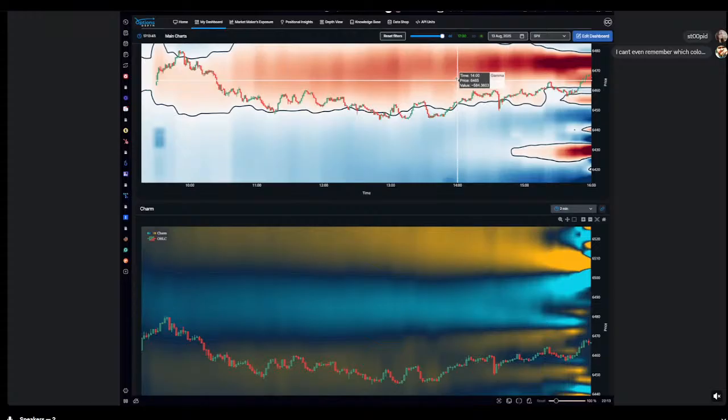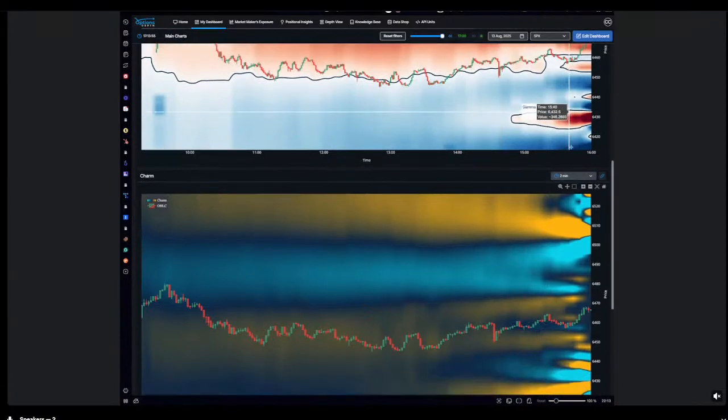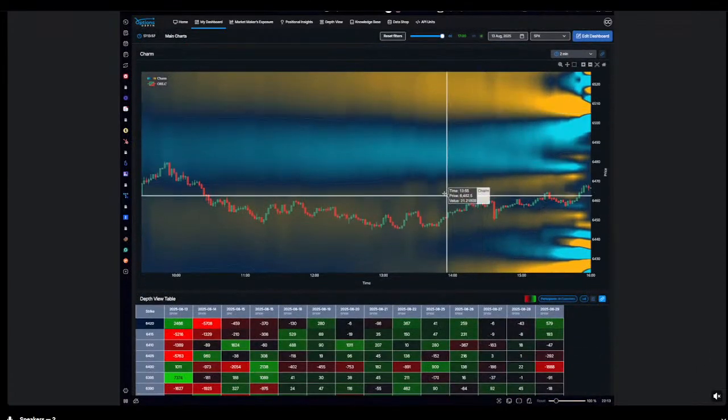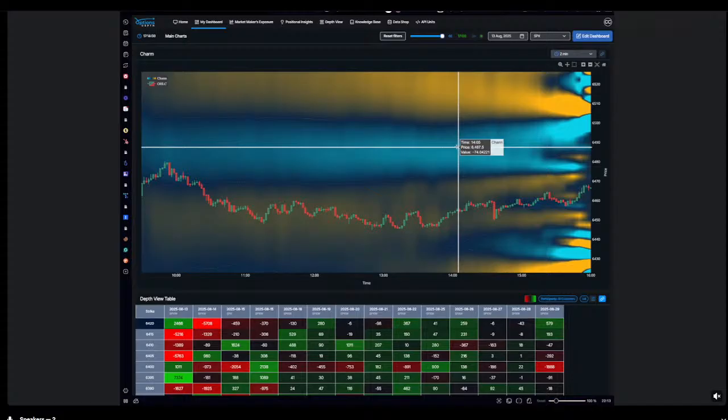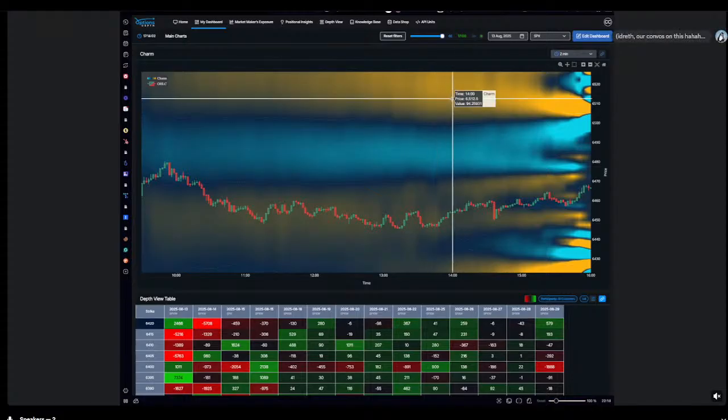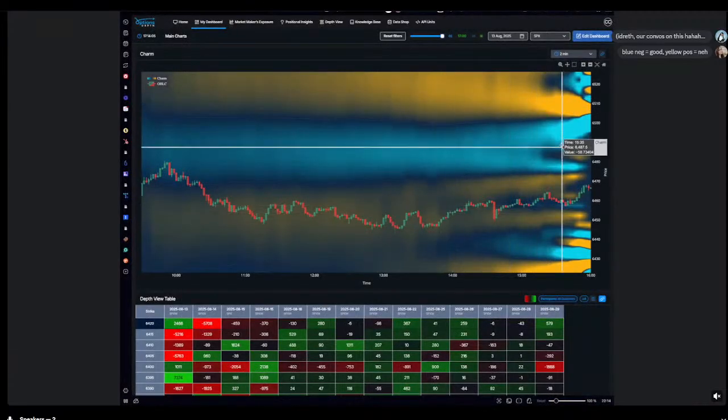Negative gamma causes dealers to hedge with the movement of the price, which causes the price to be a lot more volatile. But on charm, don't ask me why exactly, it's not easy to explain. The positive values are suppressive and the negative values are supportive.